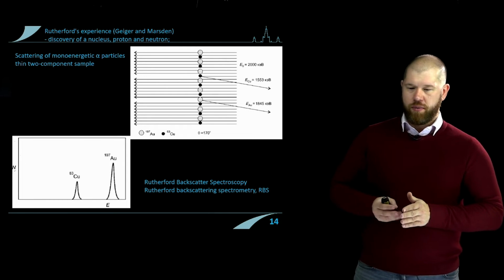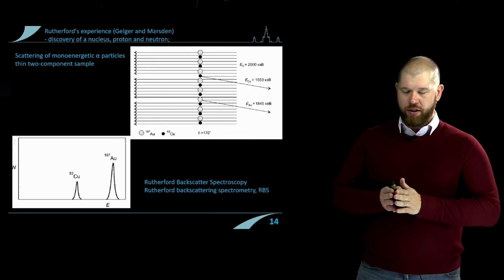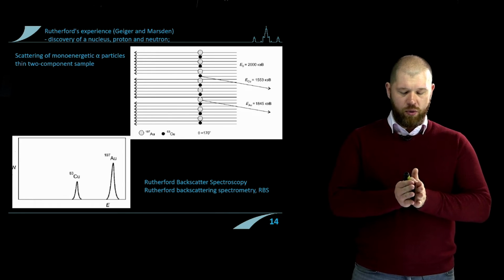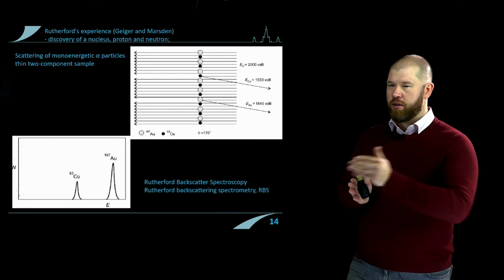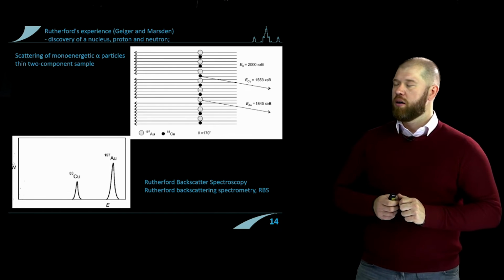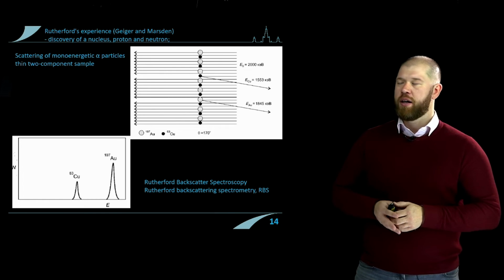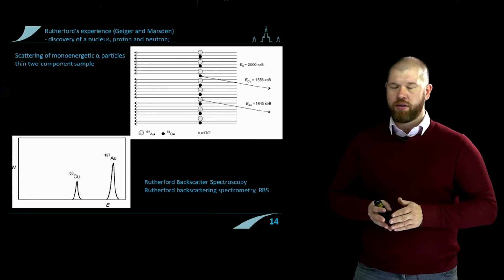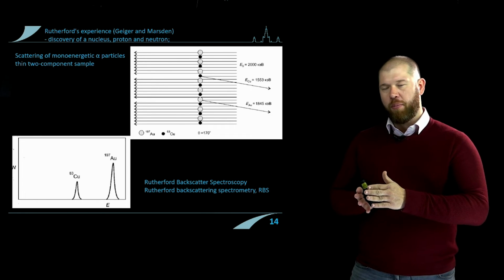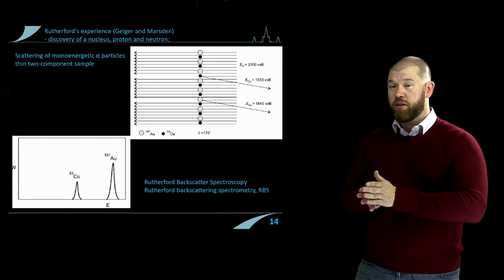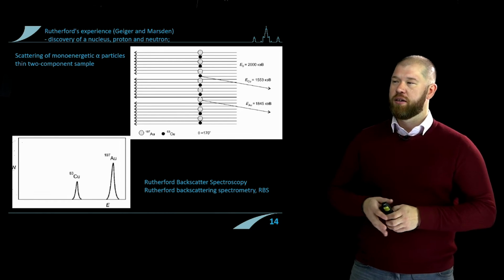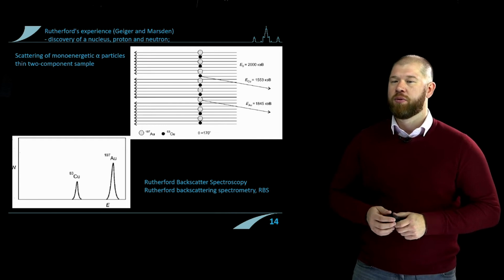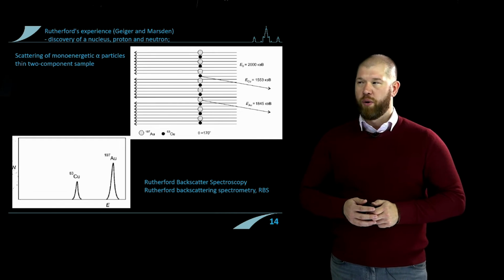For many alpha particles, the scattering angle was very small, so they went directly through the gold foil without any scattering. But in some very rare events, alpha particles scattered to very large angles, and in some cases they even backscattered from the gold foil.